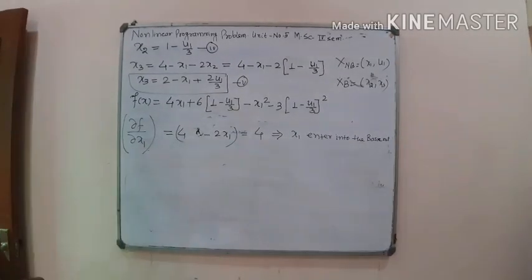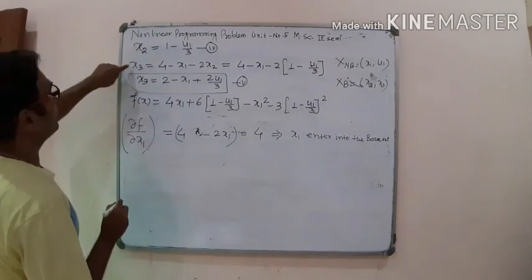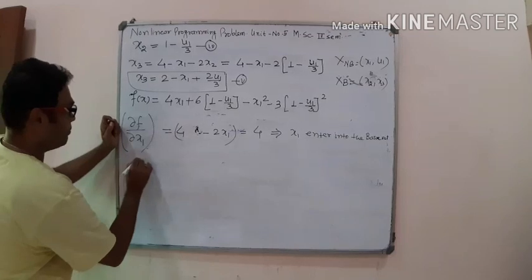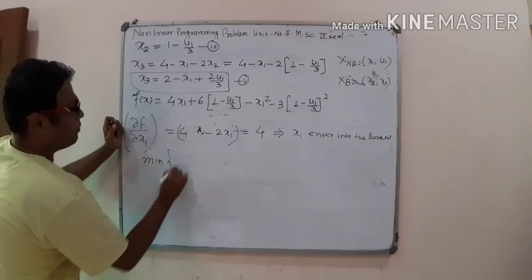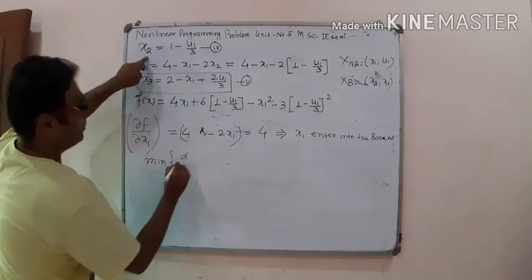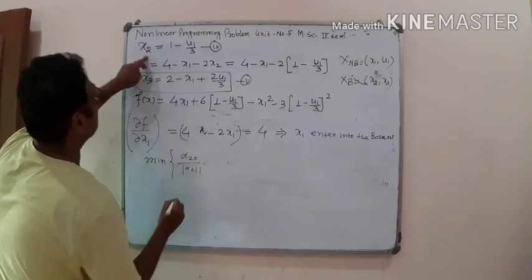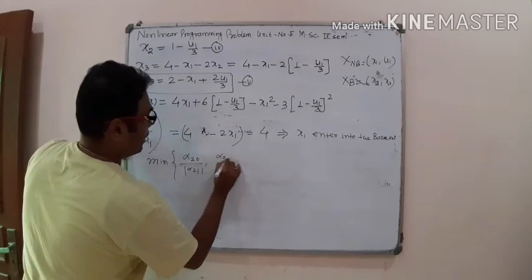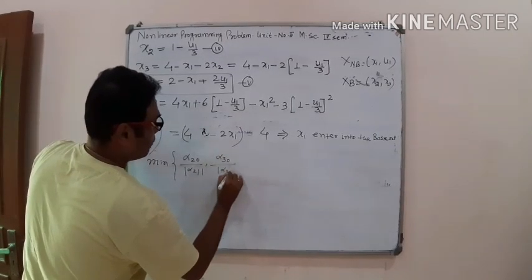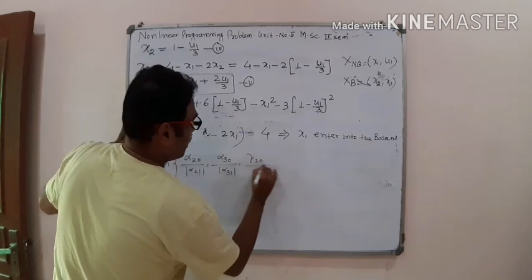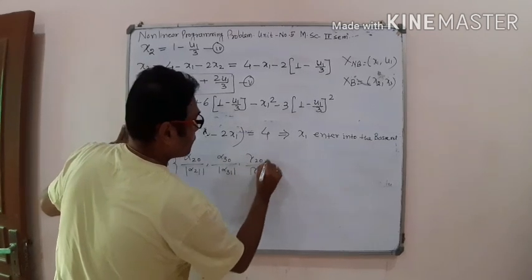So we have the two basic variables, one is your x2, one is your x3, and this one is important for computing the minimum ratio. So minimum of alpha 20 upon modulus of alpha 21, next is alpha 30 upon modulus of alpha 31, comma gamma 2 0 upon gamma 2 1.